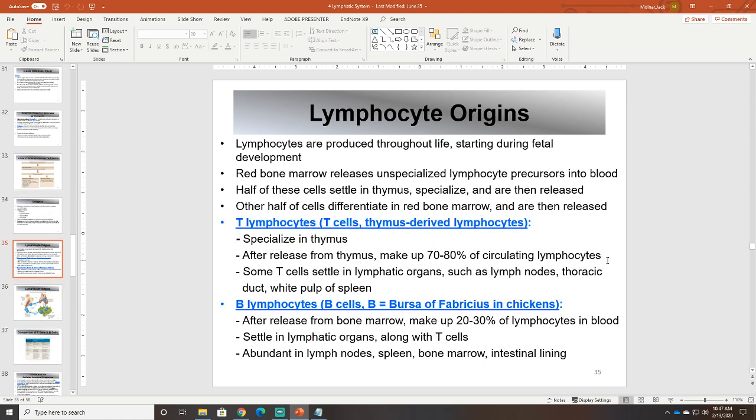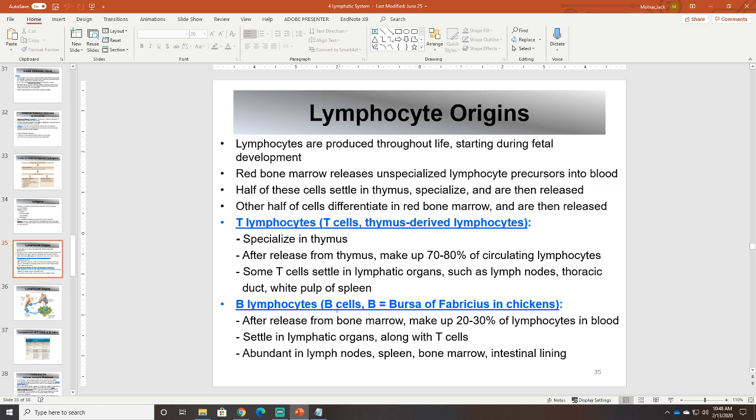All right, so the lymphocytes are produced throughout life, starting with fetal development. The red bone marrow releases immature, unspecialized lymphocytes into the blood. Half of them settle in the thymus, which are then specialized and released. The other half of the cells differentiate in the red bone marrow and then are released. And remember, it's the T cells which specialize or differentiate in the thymus.